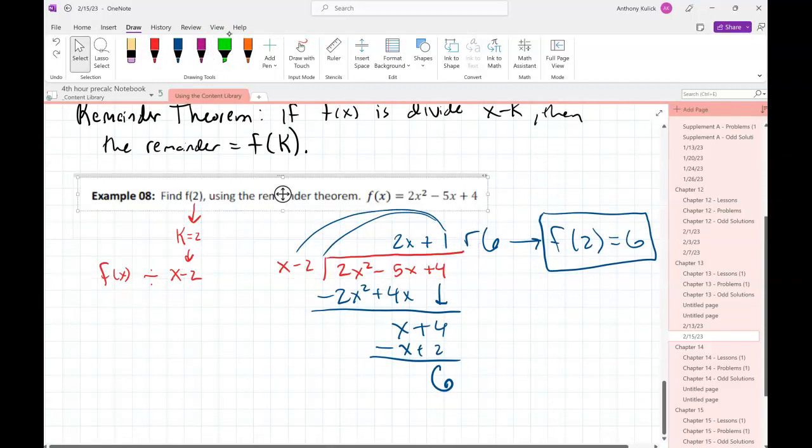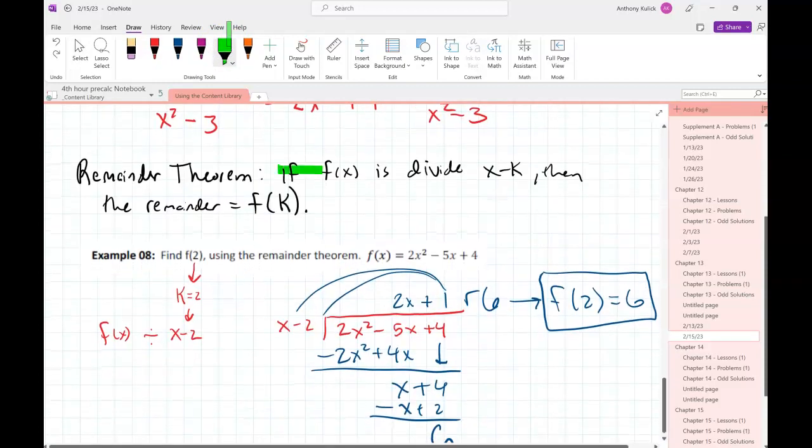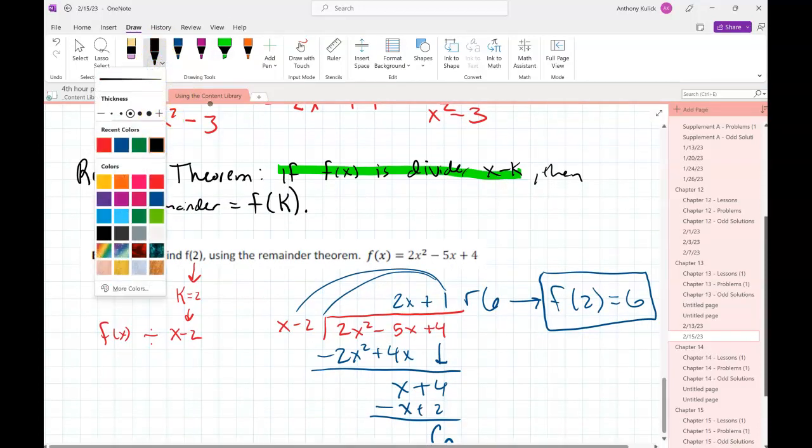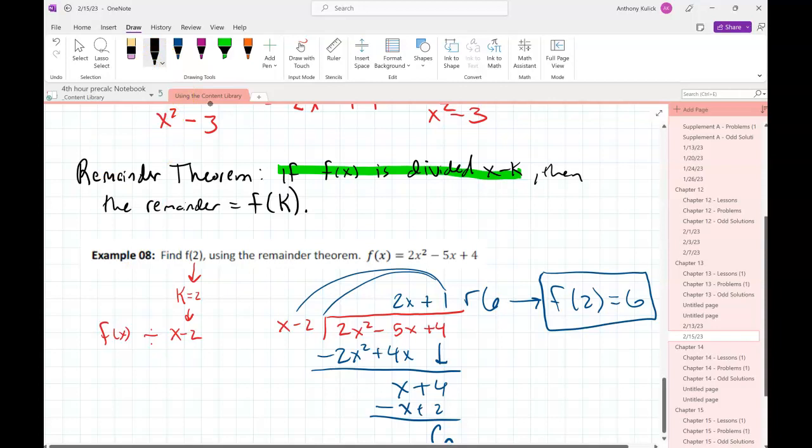If f of x is divided by x minus k, then the remainder is f of k. So the fact that I had a 2 here tells me k is 2, tells me that x minus 2 should be my divisor.